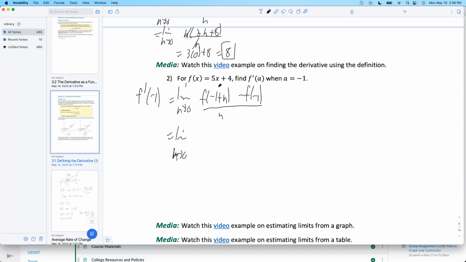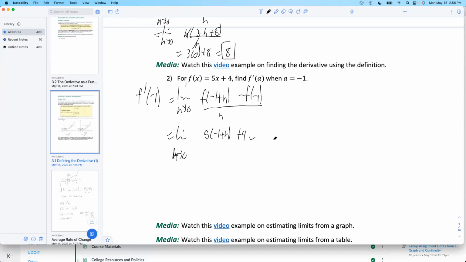Okay, f of -1 plus h means rewrite the function, but now instead of writing x, all of this is going to go right there in that x. 5 times (-1 plus h) plus 4. Don't forget that.